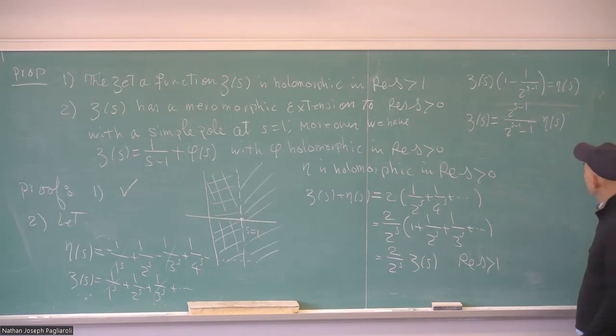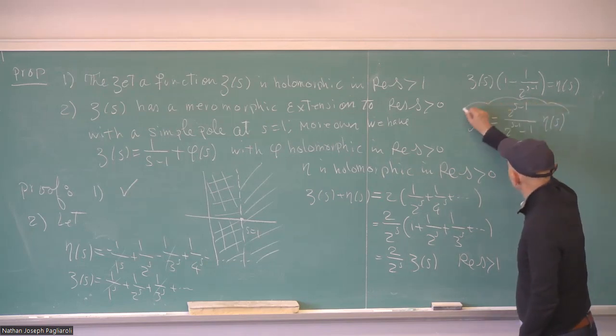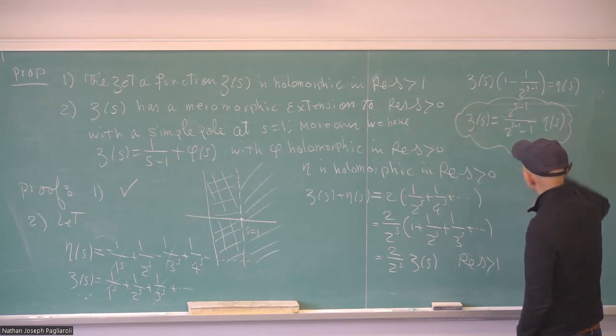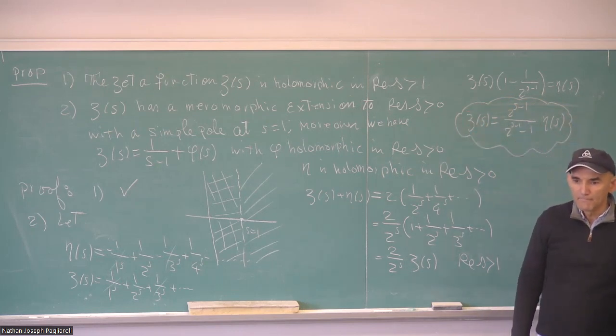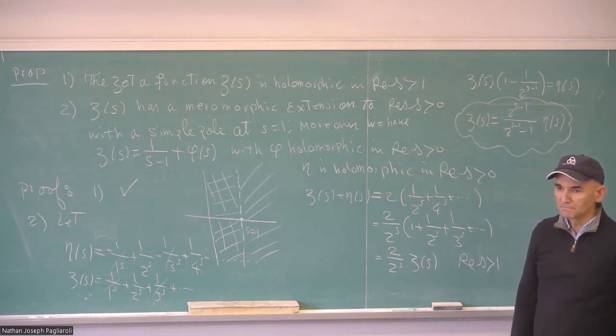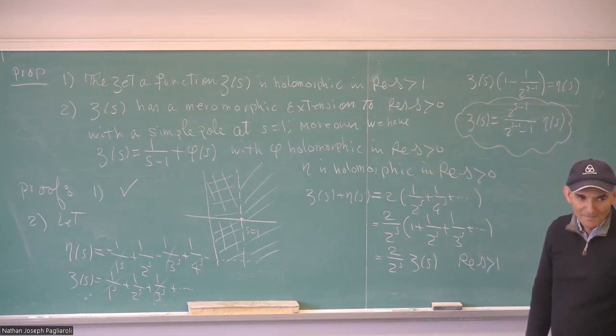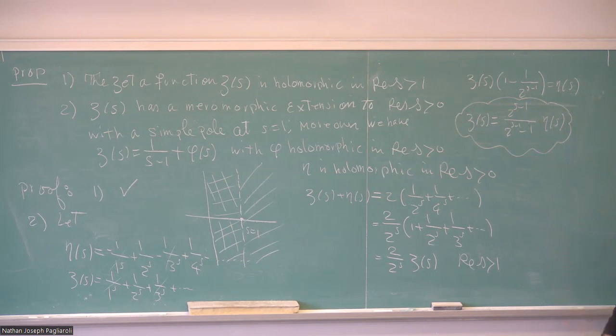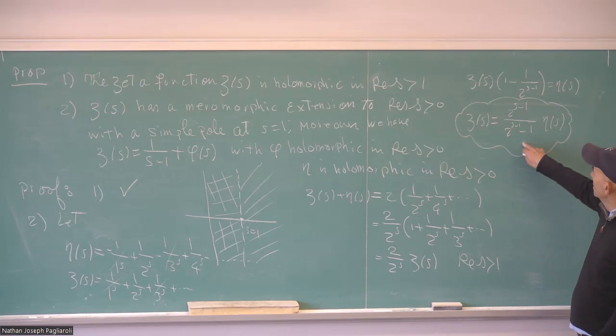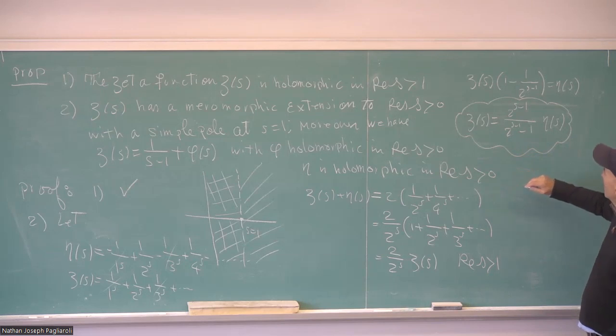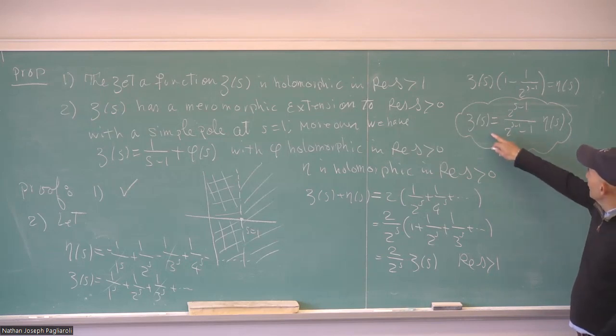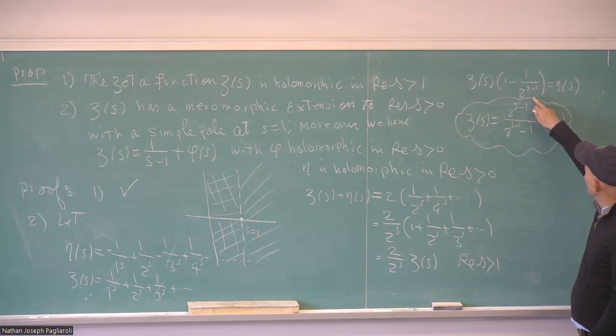Okay, so now let's focus on this. Zeta of s, I multiply by 2 to the s minus 1, and then I divide by this.